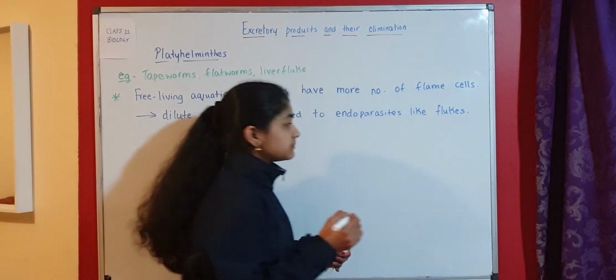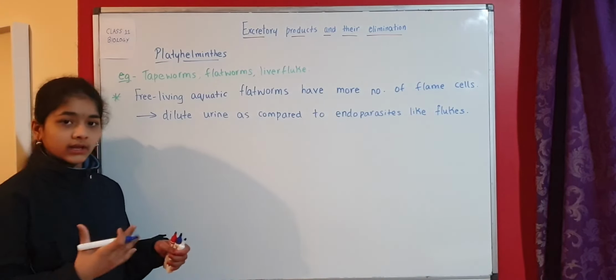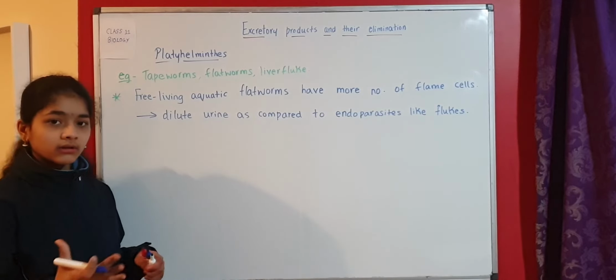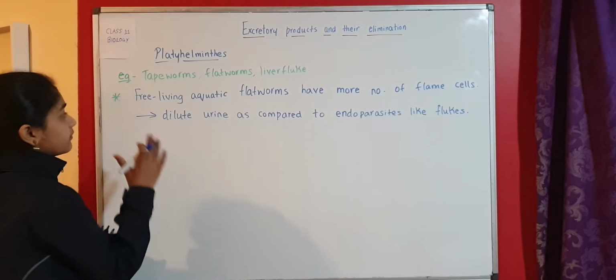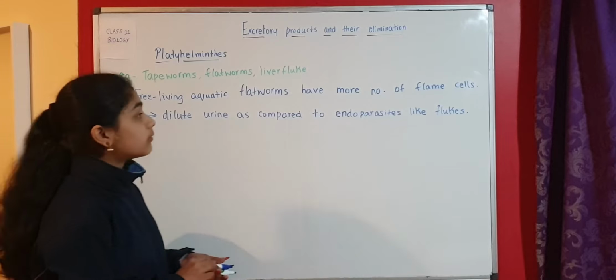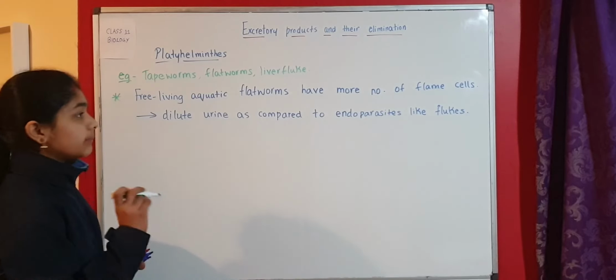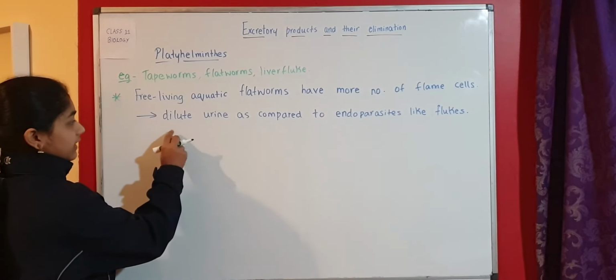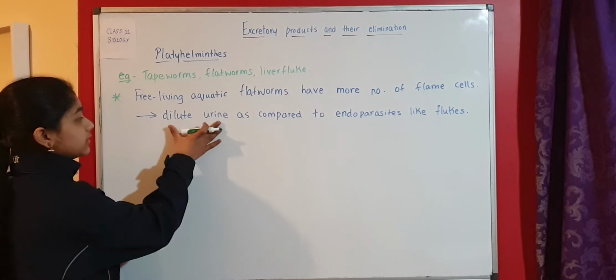Endoparasites means they live in an organism's body, so they depend on others. So free living aquatic flatworms have more number of flame cells because they excrete more dilute urine.